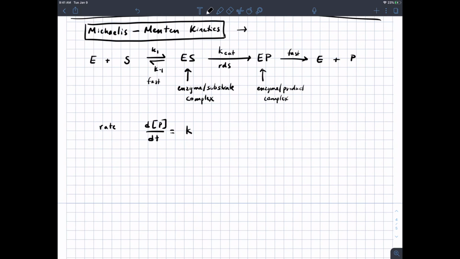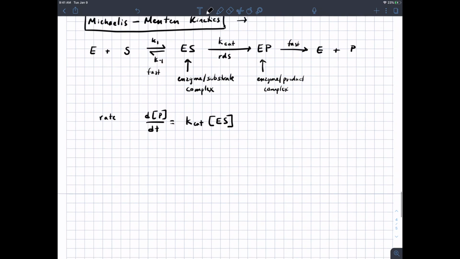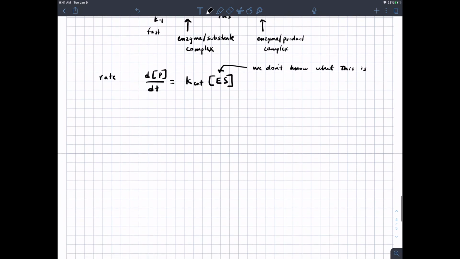People call that k-cat because they like cats, or alternatively because it's the reaction that's catalyzed. k-cat times the concentration of enzyme substrate complex. But the problem is we don't know this, and it may be difficult to measure.